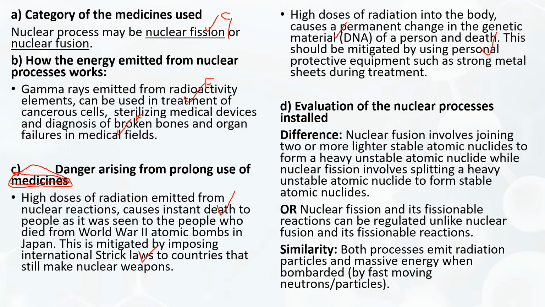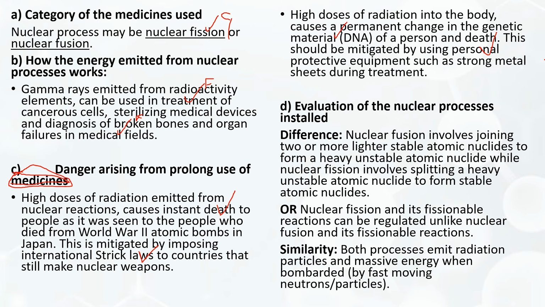Then evaluation of the nuclear processes installed. Now the nuclear processes, we say that it can either be fission or fusion. So we first talk about the difference, and then you can talk about the similarity, and we can use only one point.